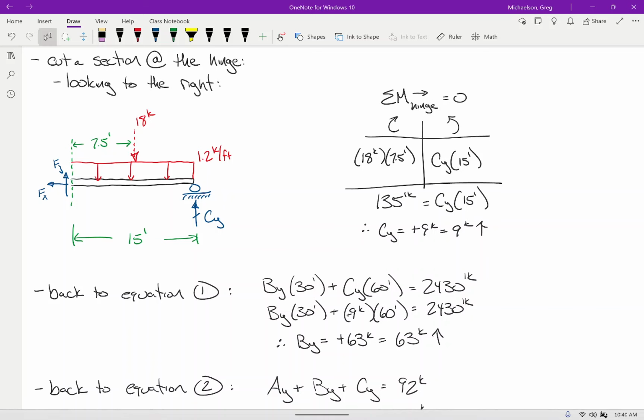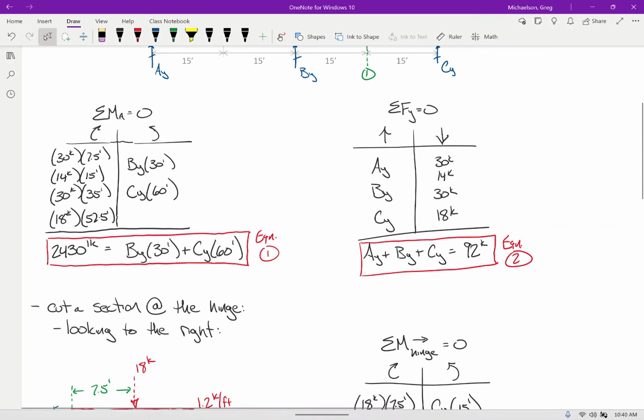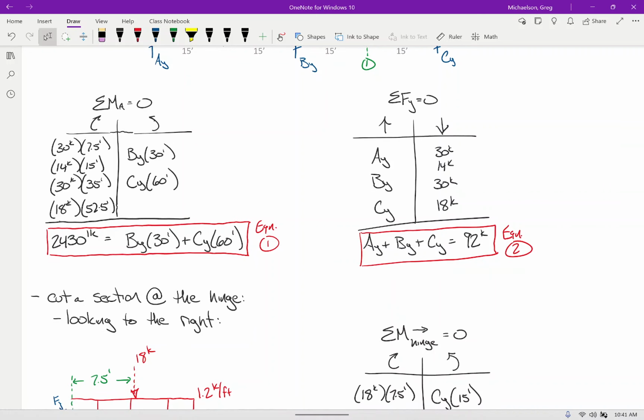So why did we take the moment for the whole length? Because I used this equation to find BY. How many unknowns did the entire structure have? 4. How many equations of equilibrium did I have? 4.